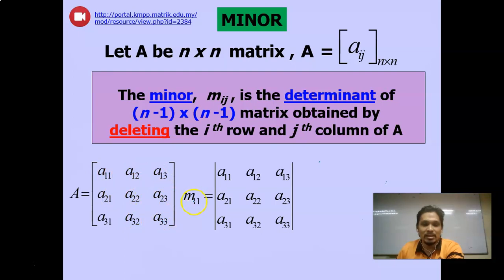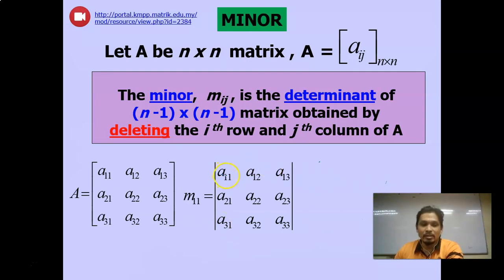For this symbol, we call it a bracket, but this symbol here looks like a determinant. But it's not a square root of x squared plus y squared. For matrices, it's different.